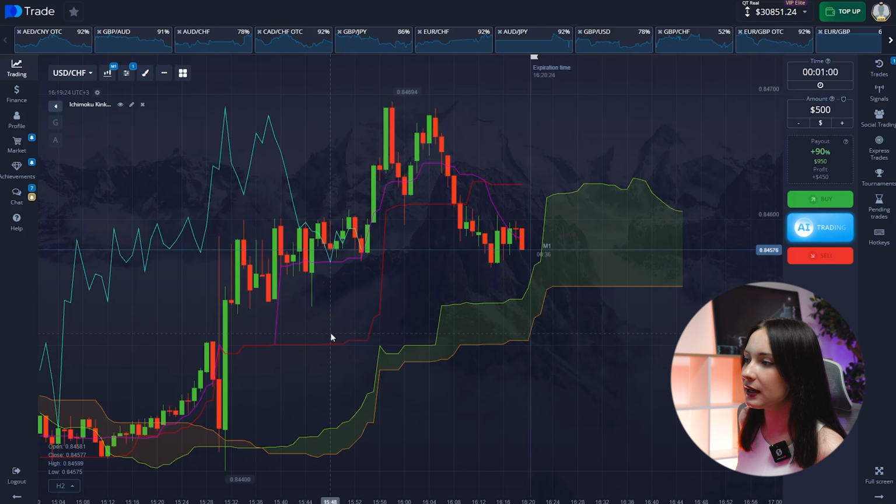Once you have found the position of the cloud, you come to your convergent line and the baseline, the blue line and the red line, and you find the last crossover, like here, when the blue line crossed above the red line. That also means opening a buy position. So once you saw a crossover, and the situation continues to develop, and you see the cloud lying below the main currency pair chart, this all gives you a signal to open a buy position.